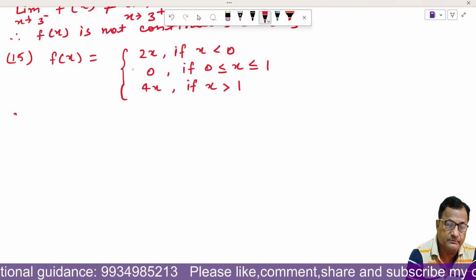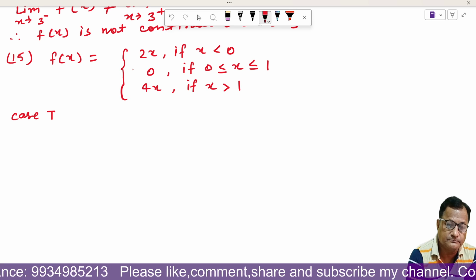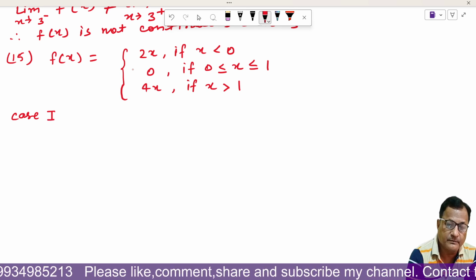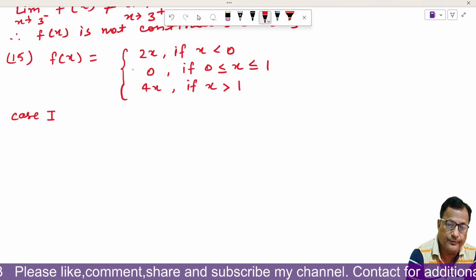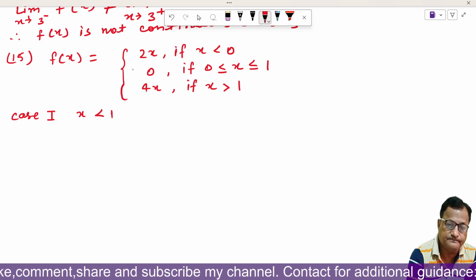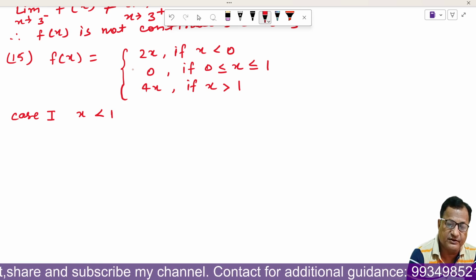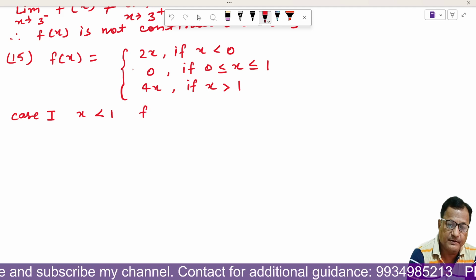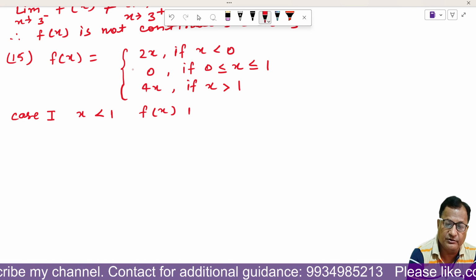So case 1, x is less than 1. When x is less than 1, f(x) is continuous.